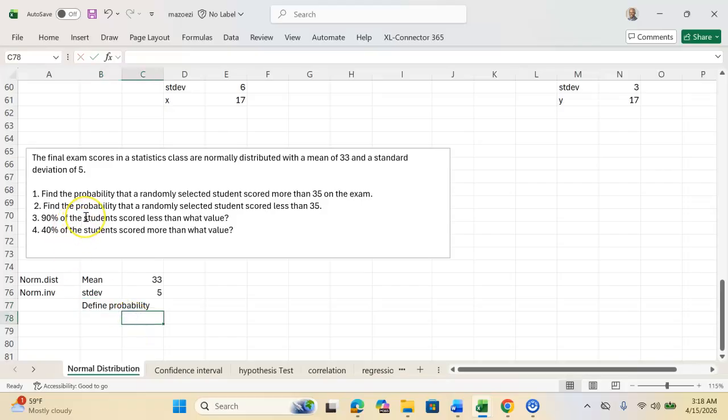It says find the probability that a randomly selected student scored more than 35 on the exam. So it is the probability of x such that x is greater than 35. That's how we can define the first part of this question.